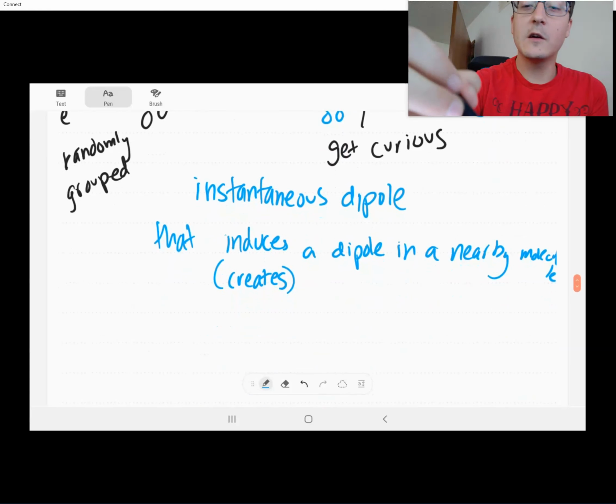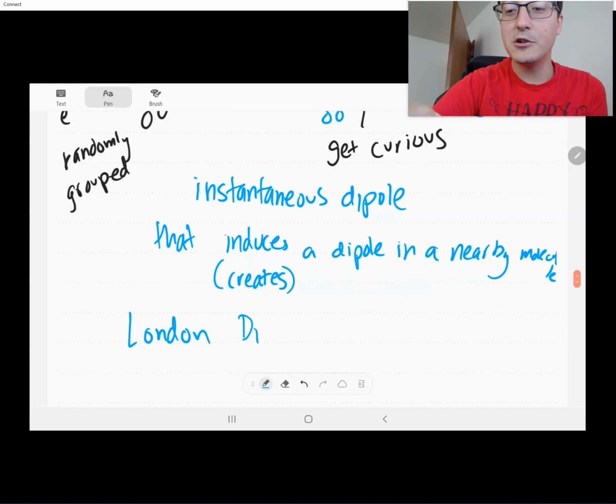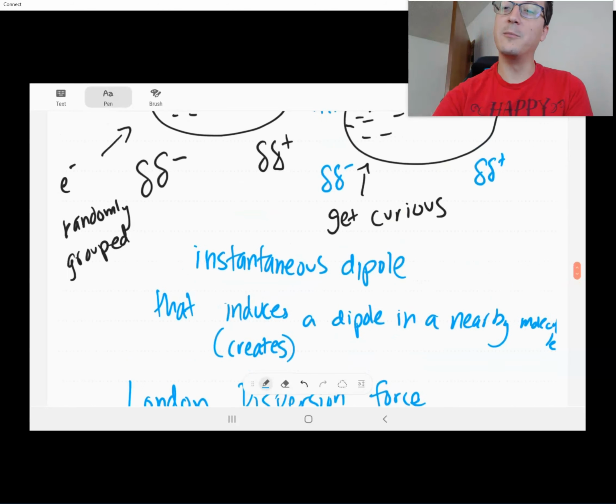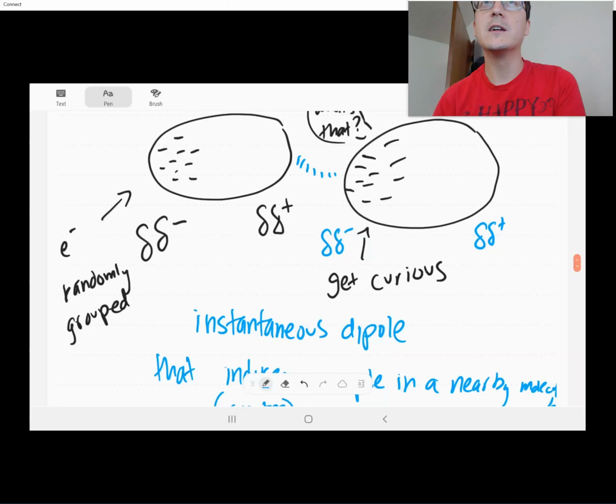Okay, this is called the London Dispersion Force. Yeah, I know, this one is kind of the hardest one to really get, because it's just random and it causes another molecule to do the same thing. And of course, if you had a third molecule, it could also get curious and do the same thing.